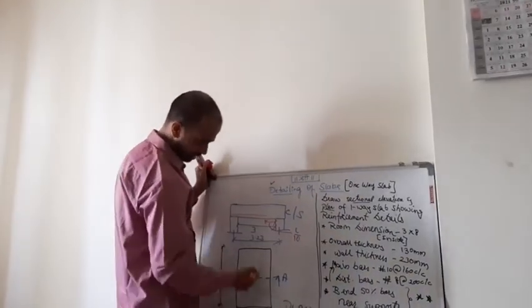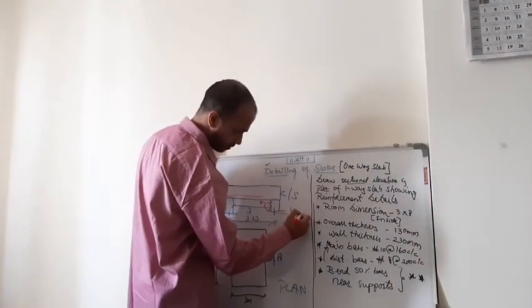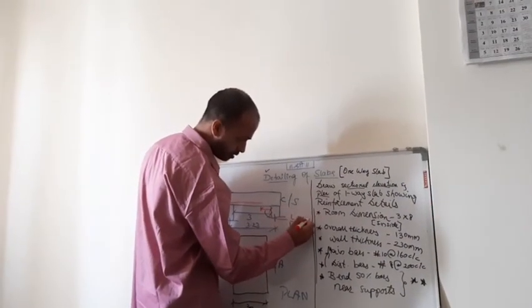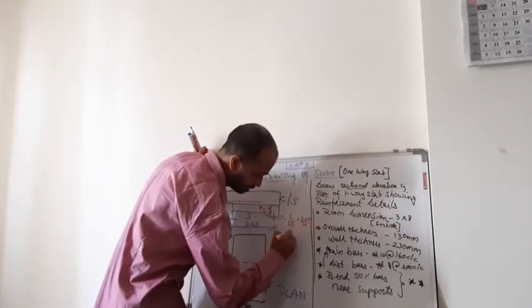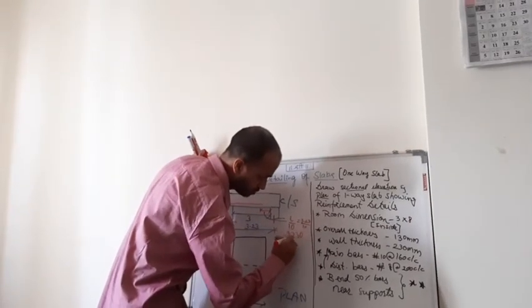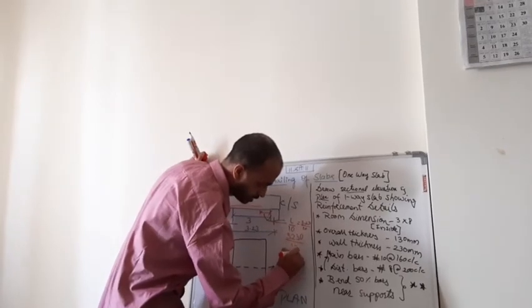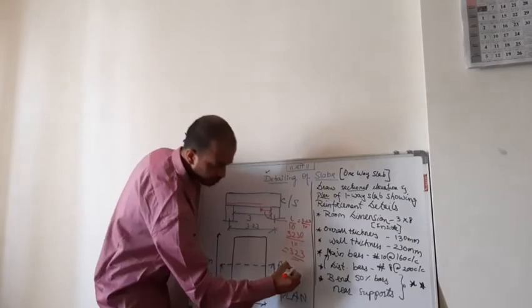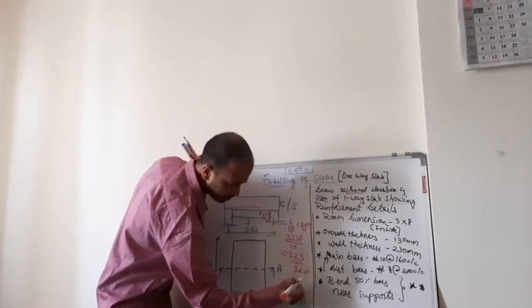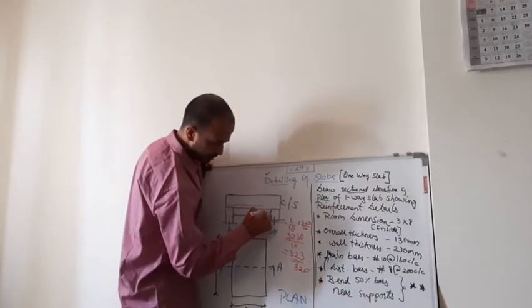So what is L here? 3.23 meter by 10. So if I convert it into mm, it will be 3230 divided by 10. So 323 mm. So it can be rounded to 320. Okay, so this is 320 mm.